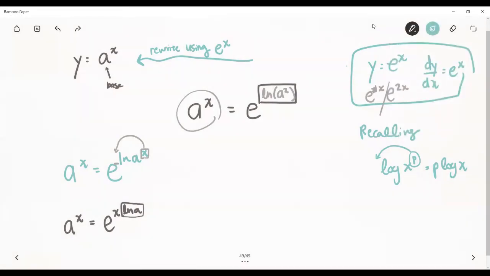And so we can go ahead and try and find the derivative. So we know the derivative of a to the x is going to be the derivative of e to the x natural log of a.